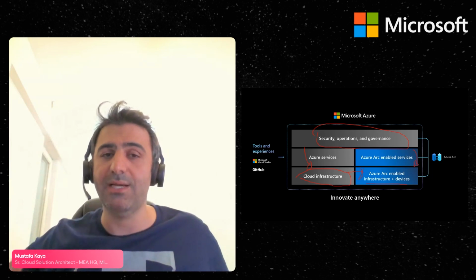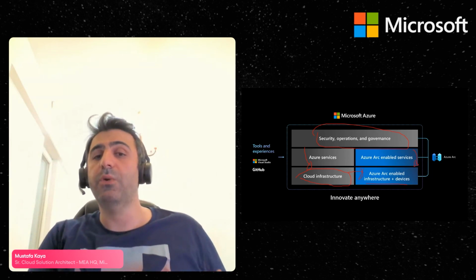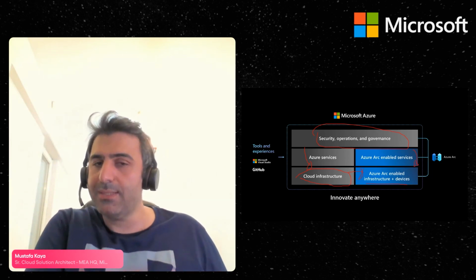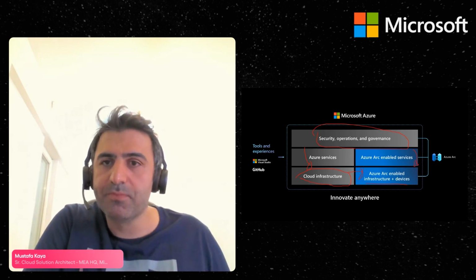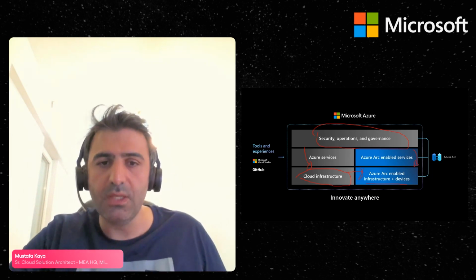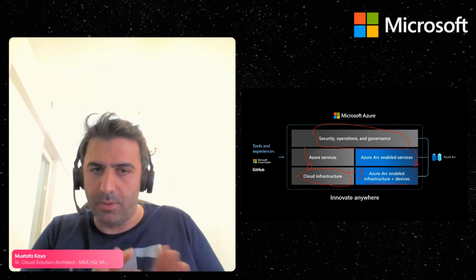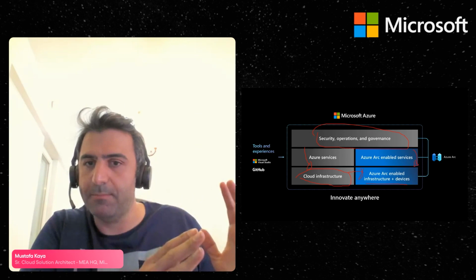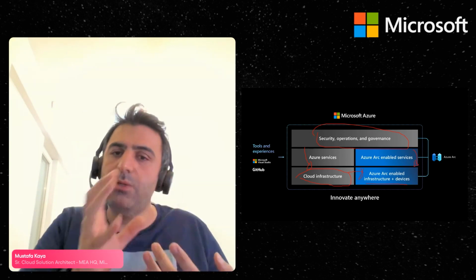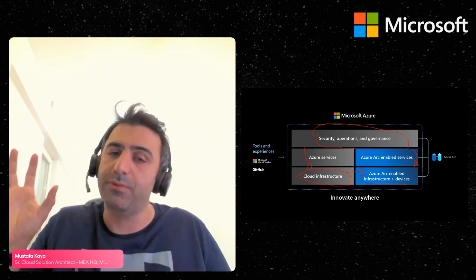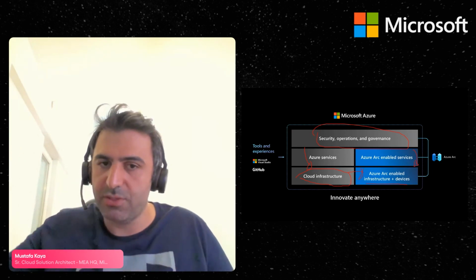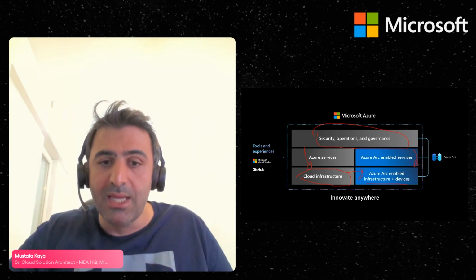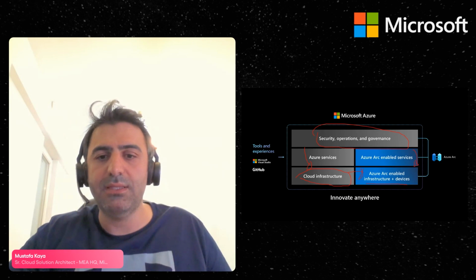So we say that Azure Arc is innovation anywhere in hybrid and multi-cloud environments. Up to this slide, we set the frame and introduced the value of Azure Arc that brings the services to any infrastructure. And let's go into a little more detail.